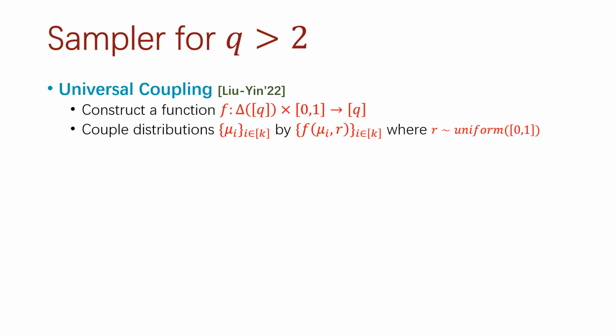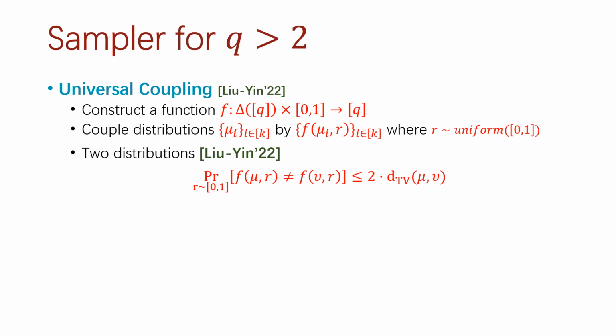The main idea is to construct a function f mapping from any distribution mu and the public coins R to an outcome. Then our coupling is to output f(mu_i, R) for each distribution mu_i. Liu and Yin showed that there exists one such function that gives a true approximation for the optimal coupling.